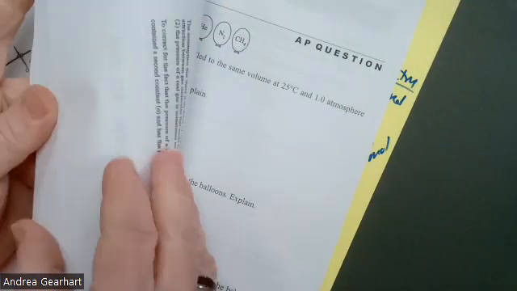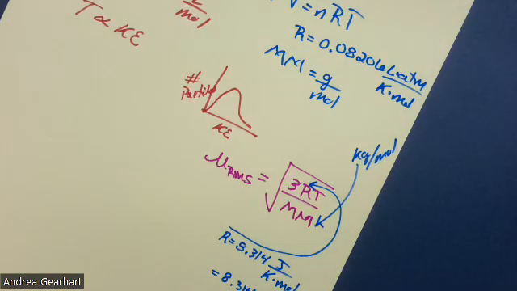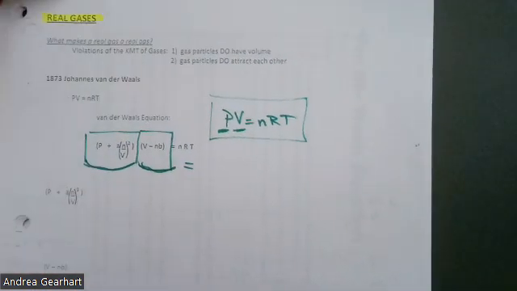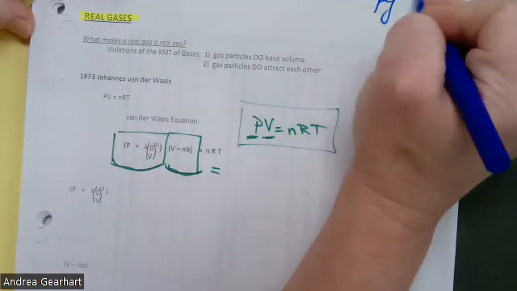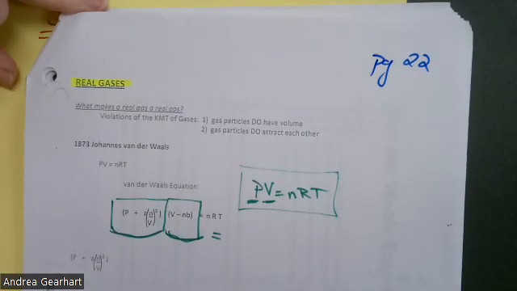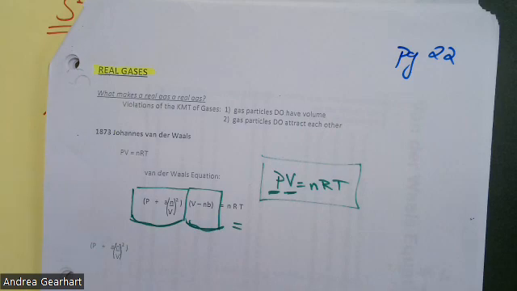Okay, if we go back to what we were looking at, the van der Waals equation, and I can detect in my packet that is page 22. All right, so wonderfully, this is quite amazing that a chemist developed a way to get the ideal gas law to apply to real gases.